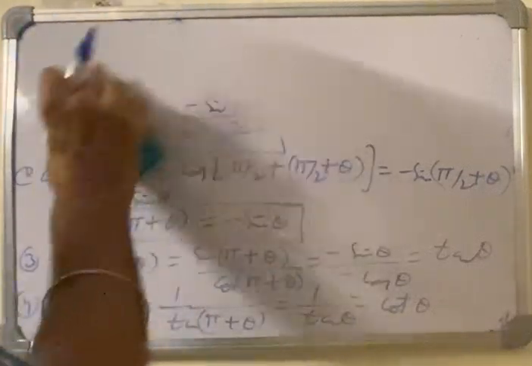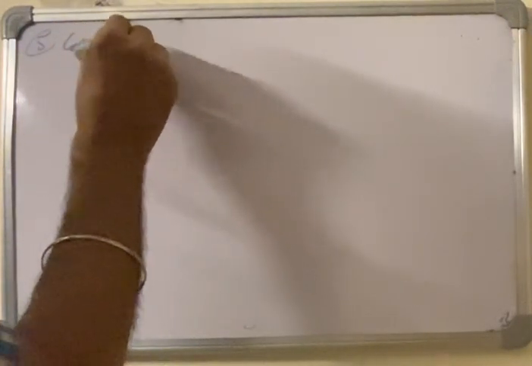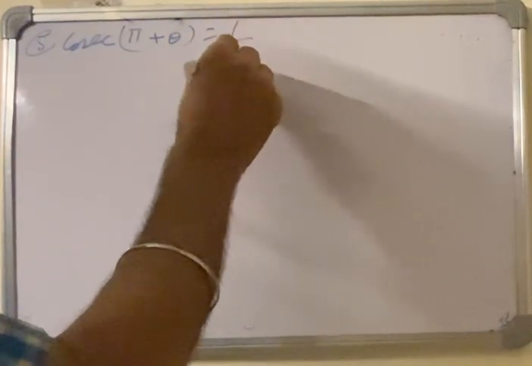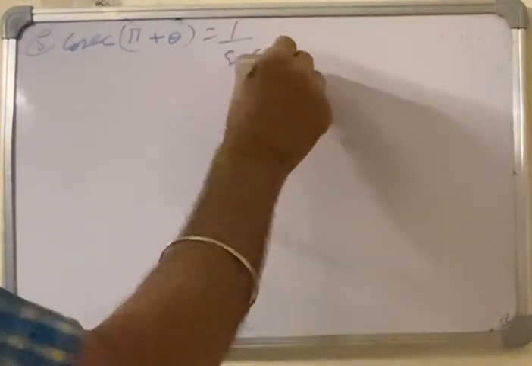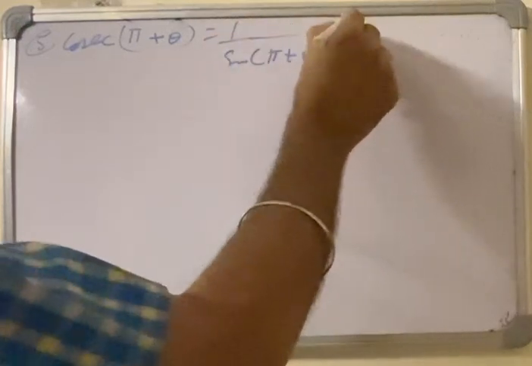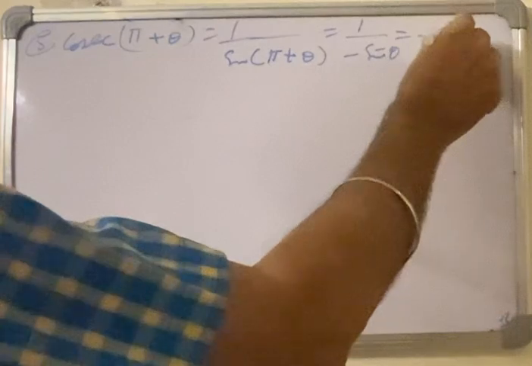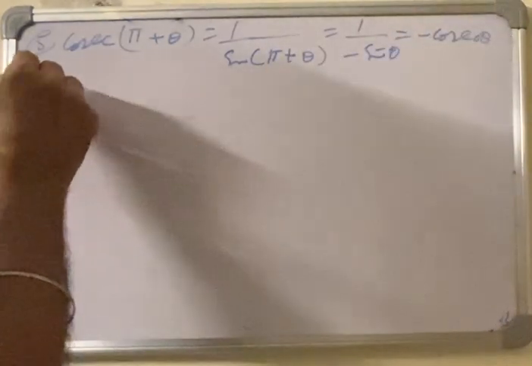Then we are left with secant and cosecant. Cosecant pi plus theta is 1 over sine pi plus theta, which is 1 over minus sine theta, which is minus cosecant theta.